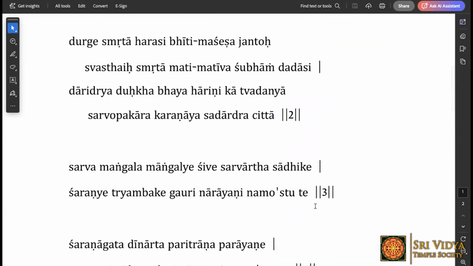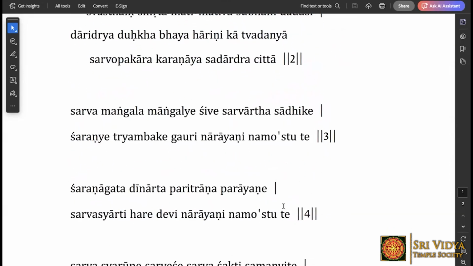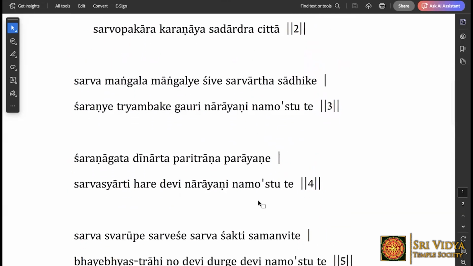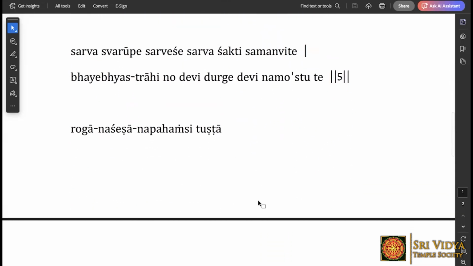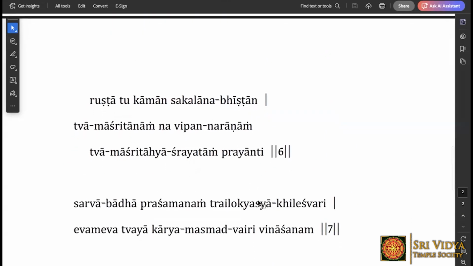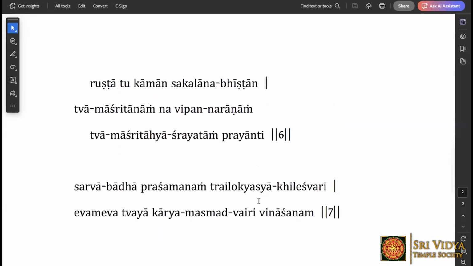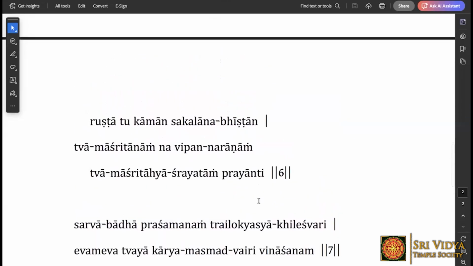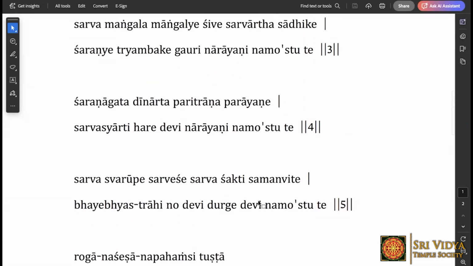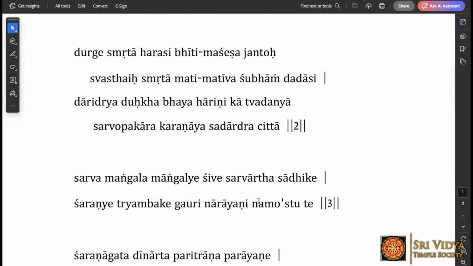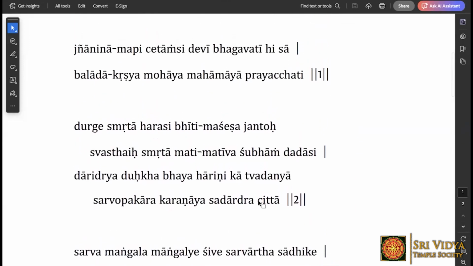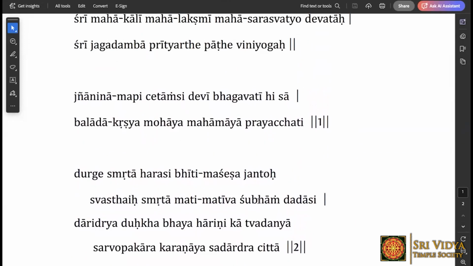And then the remainder, about 3, come from Narayani Stuti. And then Roganasheshanapamsi Tushta, I forget where that comes from. And the final one, I think, is chapter 12 or 13, the final charitra. So all three sections and all three devis of those sections are represented in this Saptashloki. Okay, so we'll start with the first shloka.